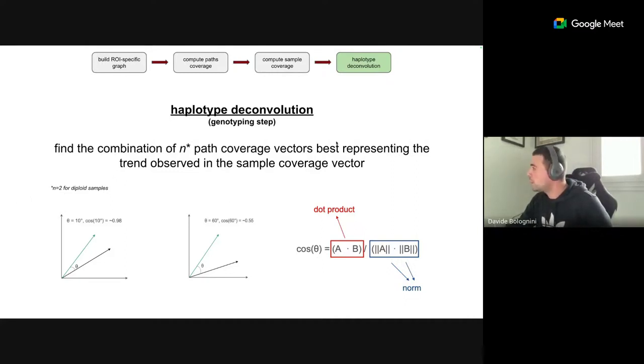What we do in practice is to compute this, which can be done in many different ways. We chose to use the cosine similarity for that. The cosine similarity is basically the angle between two vectors. Having two vectors, it is calculated as the dot product divided by their norms.